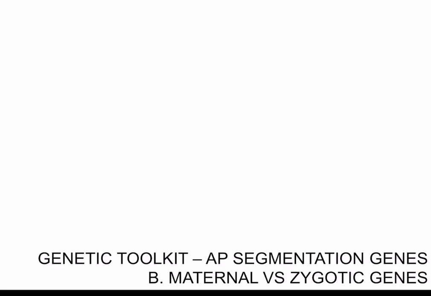Before we proceed further, we also need to understand a special kind of mutant that can arise during development. So let's say normal mutants are of this sort. Let's say M is the mutant allele, and plus is the wild type allele.